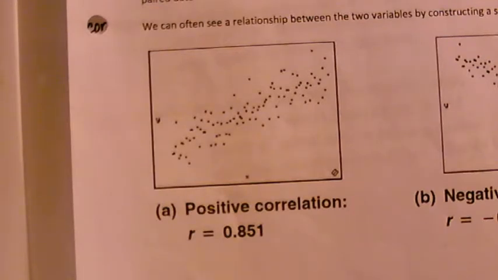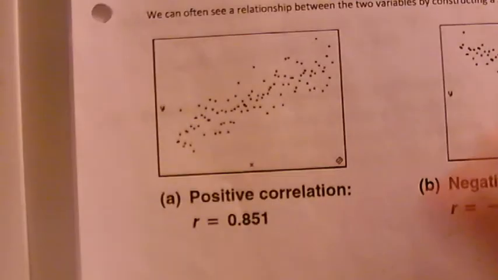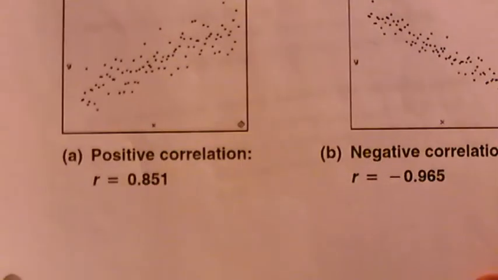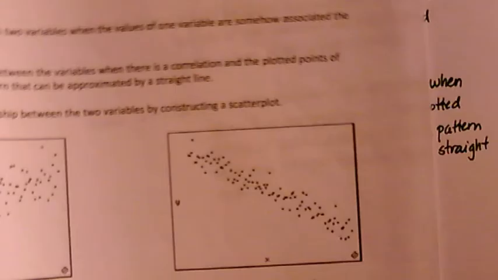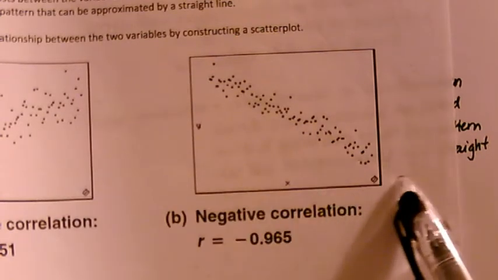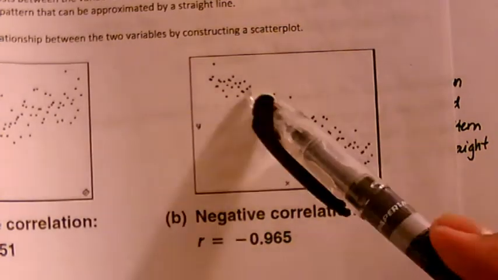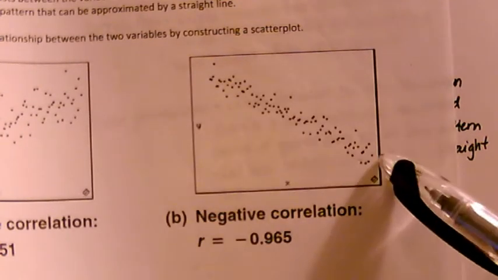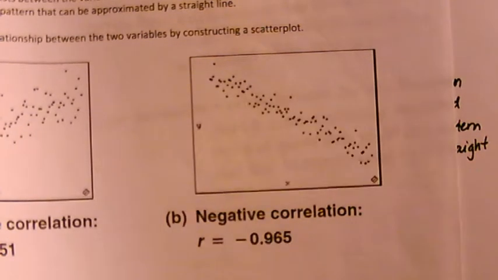So that's a positive linear correlation. Now, the next one is a negative linear correlation. These data points start declining. In other words, as your x values increase, the y value tends to decrease. Here it's going to have a negative slope, whereas with a positive correlation, it will have a positive slope.